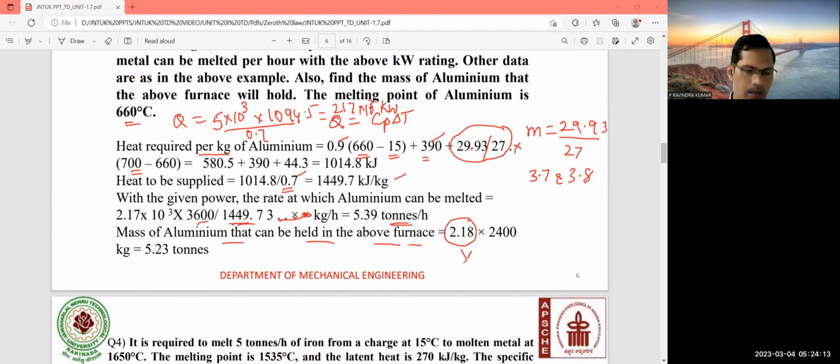So the volume which you will get is 3 into 5 tons divided by 6,900.